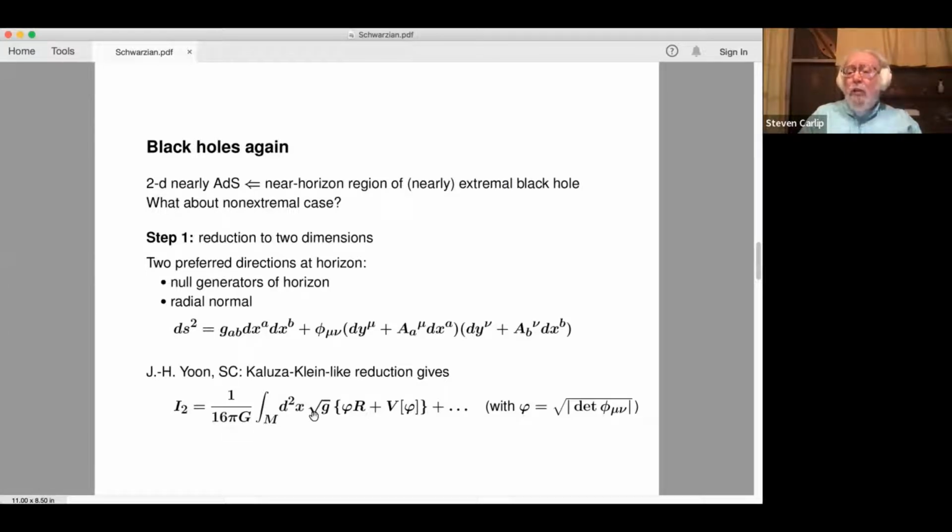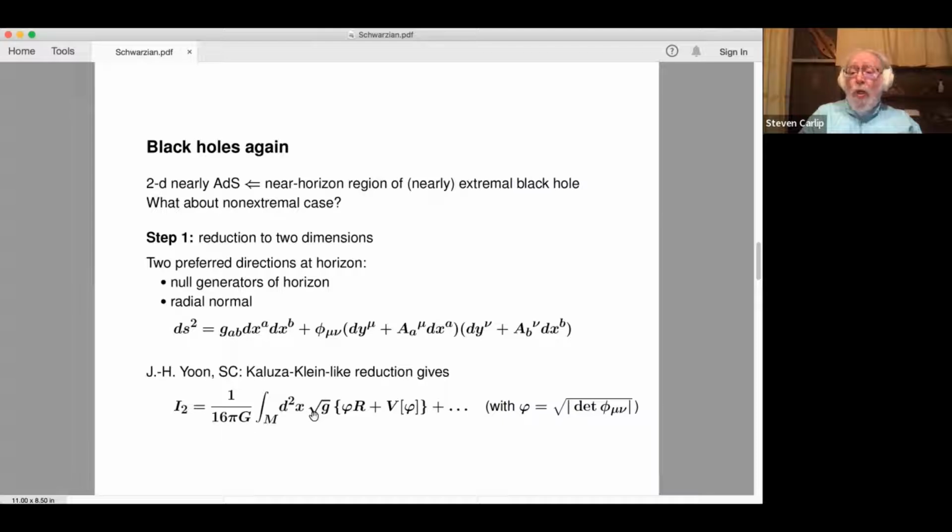Generically, if you have a near extremal black hole, then the region near the horizon can be approximated as an empty de Sitter space with description in terms of Jackiw-Teitelboim gravity. So these hundreds of papers all really are about black holes, black hole degrees of freedom, but only about the extremal and near extremal cases.